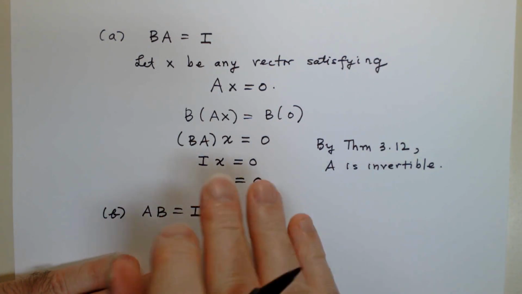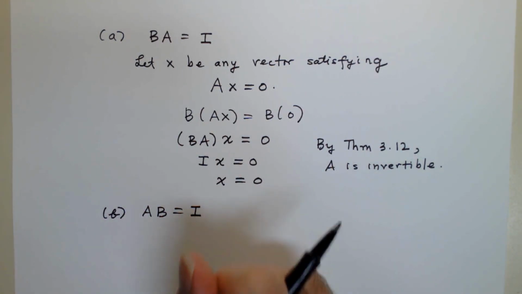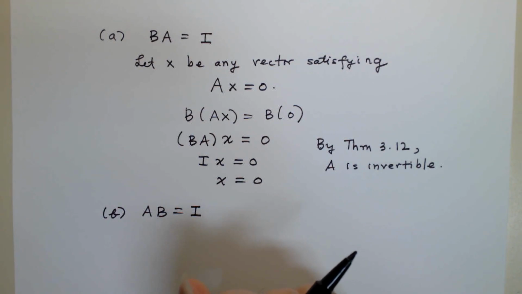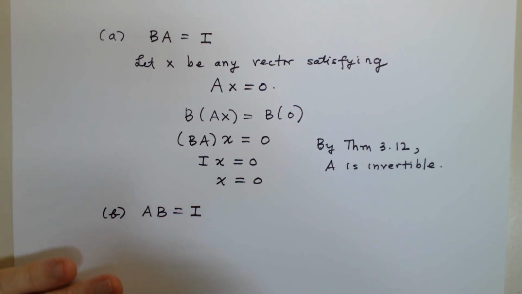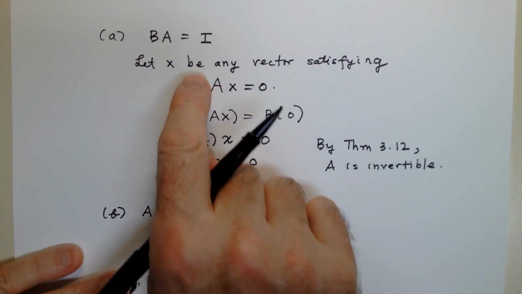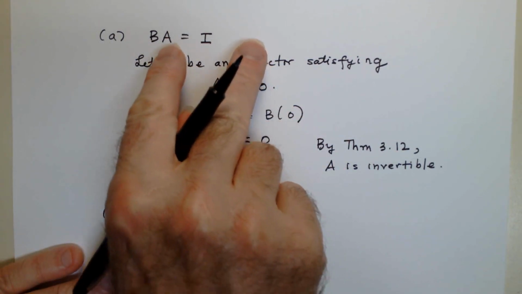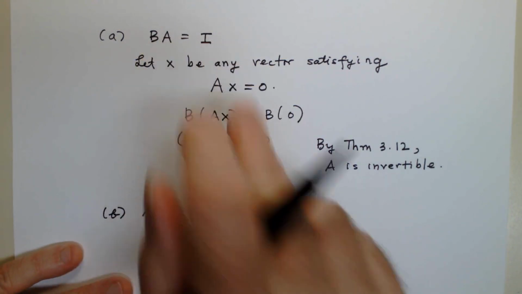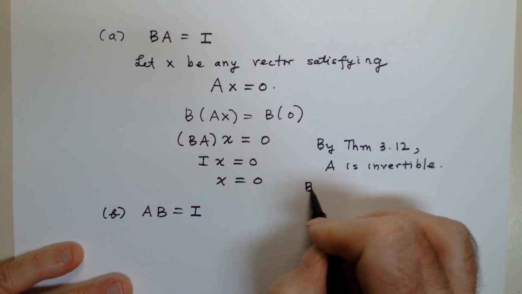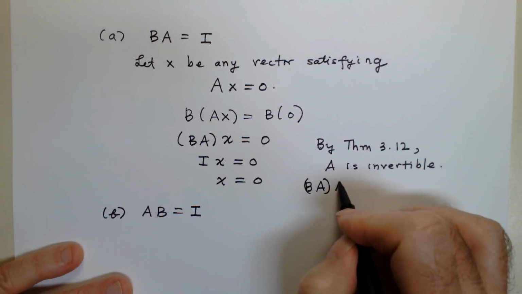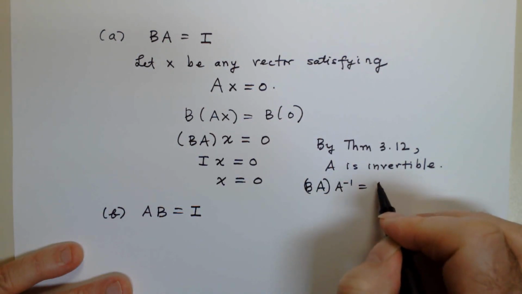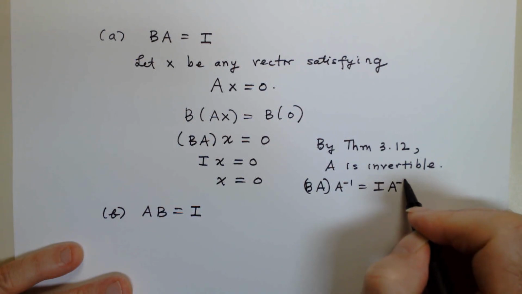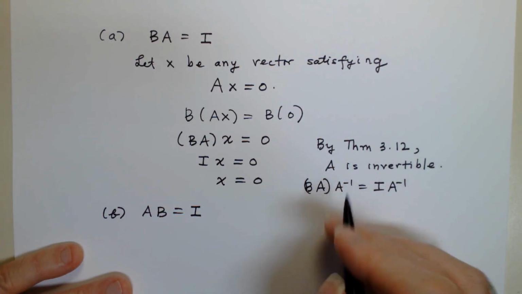Now remember, we're trying to show something about the matrix B. We've discovered something very interesting about the matrix A, that it's invertible. But we're trying to show something about the matrix B, so we're not quite done yet. Now what I want to do is multiply this basic equation here by A inverse on the right. Okay, and I'll just do the usual reassociation.